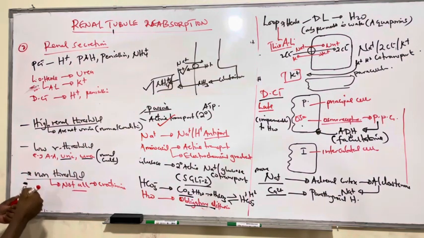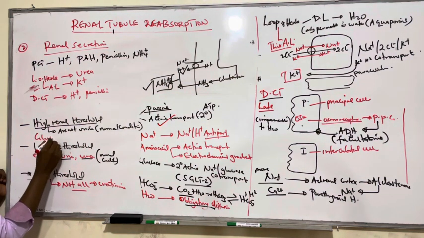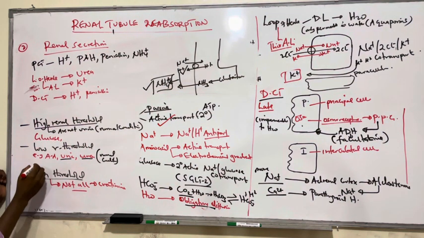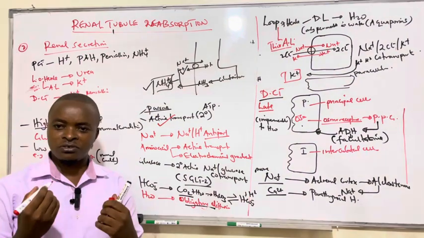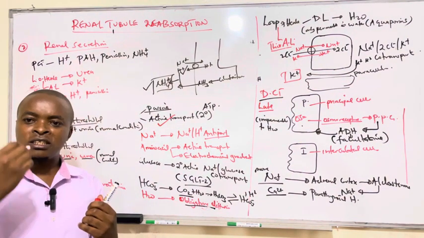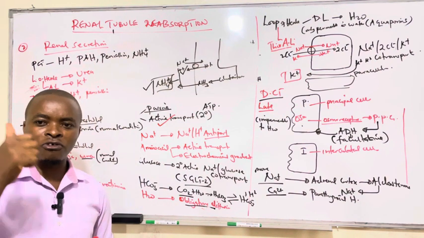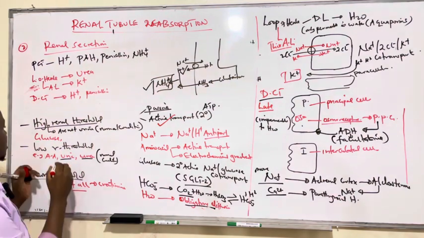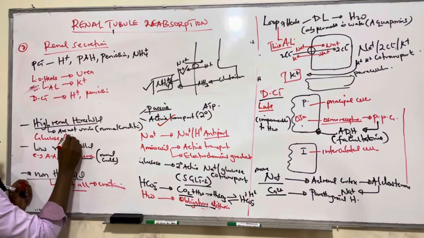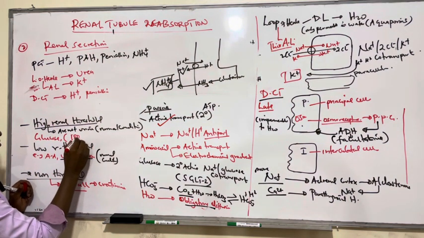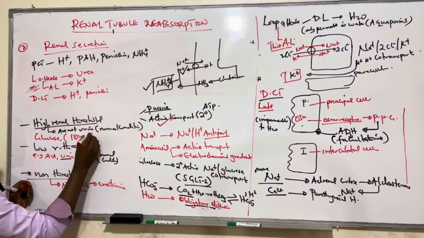For substances like glucose, it is not supposed to be found in urine, but it can only be found in urine when the blood concentration goes beyond the renal threshold, which for glucose is 180 milligrams per deciliter.